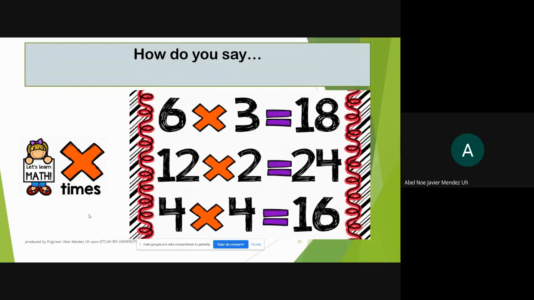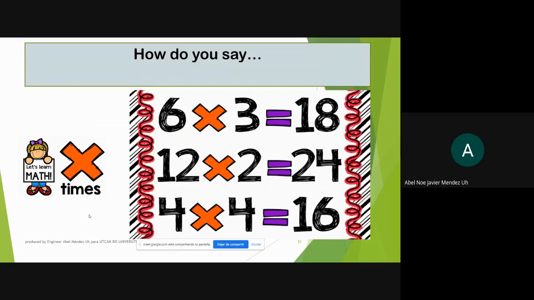In the second, how do you say? 12 times 2 equals 24. And the third operation we can read like this: 4 times 4 equals 16.